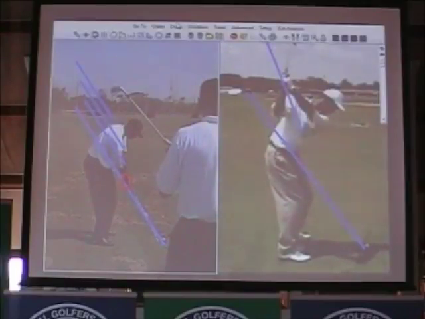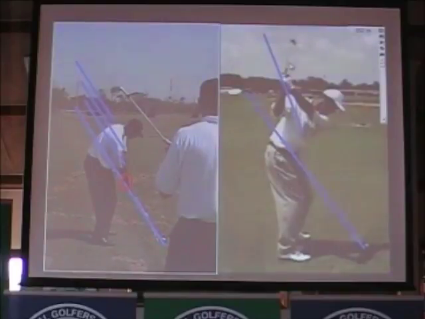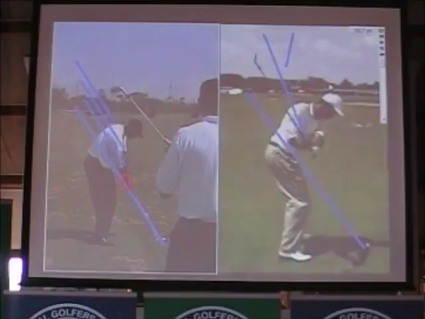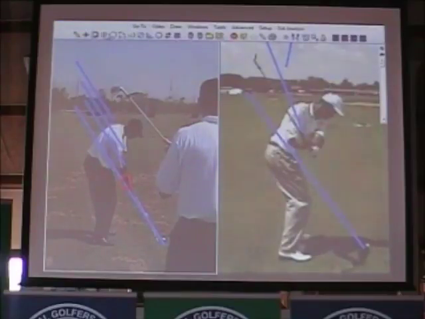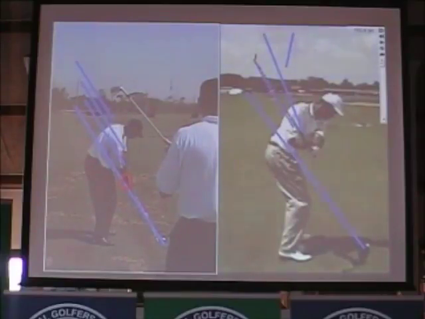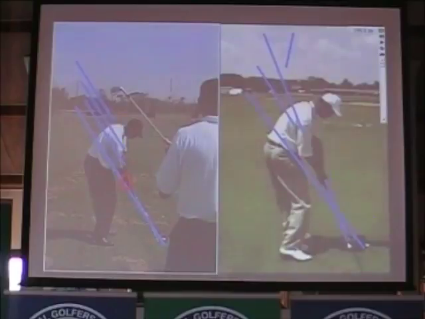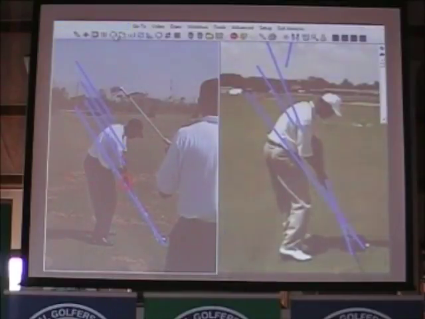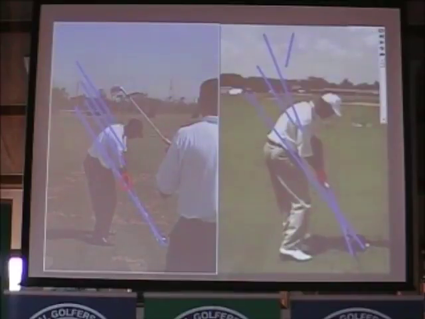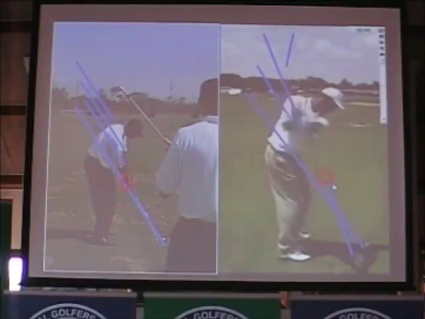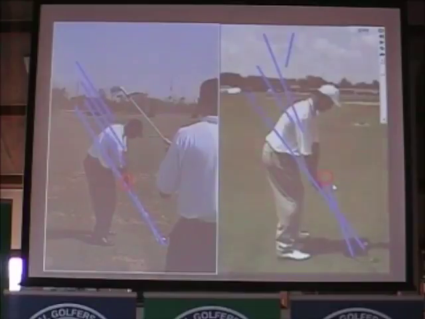He's got more planes than Heathrow Airport here. Here's the issue. Does he get back to where he started? No, he doesn't.